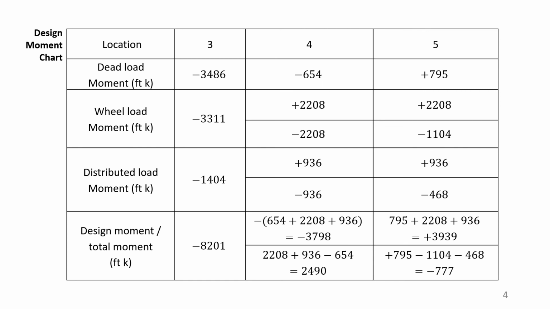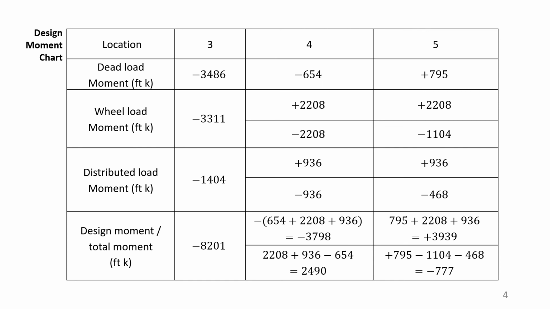But for some position of live load, there will be minus 2208 moment and minus 936 moment, and these we have calculated. But when plus 2208 moment and plus 936 kip feet moment will be coming, simultaneously this dead load moment will always be minus 654. Whether live load is positive or negative doesn't matter.